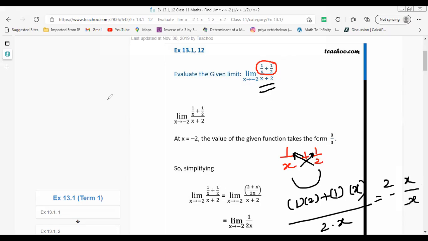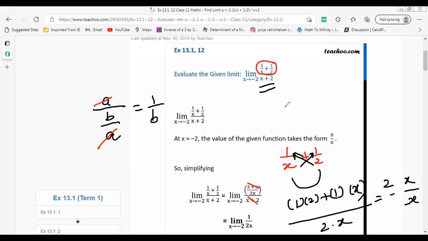And now, see, you can write a by b by a as 1 by b by cancelling out the a and a. So here you do have 2 plus x and here you do have x plus 2. Addition is commutative, so x plus 2 and 2 plus x are the same. You can cancel them out. So you will be left with this 2x alone. So that is 1 by 2x.